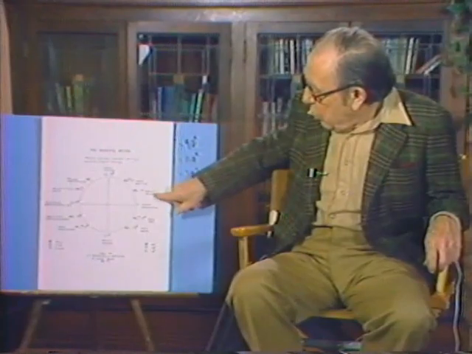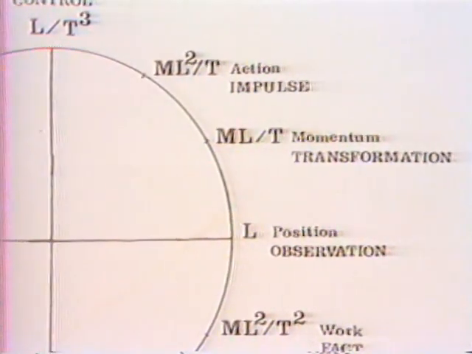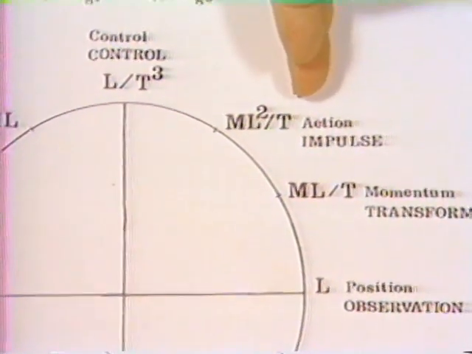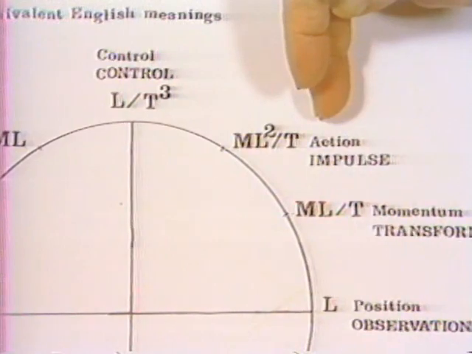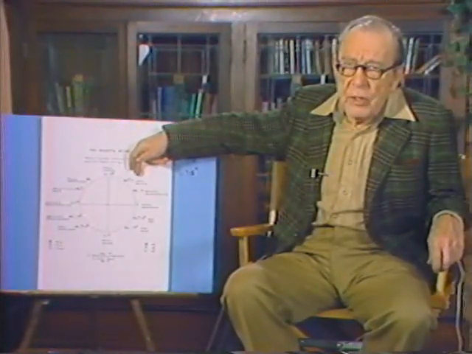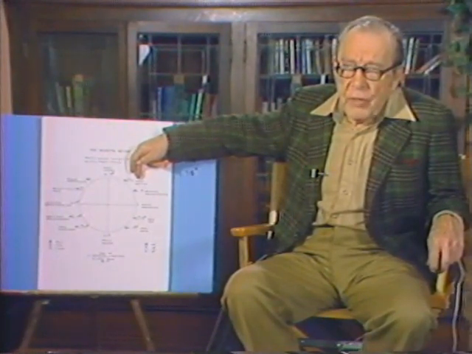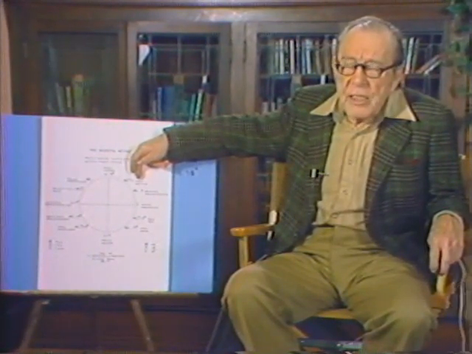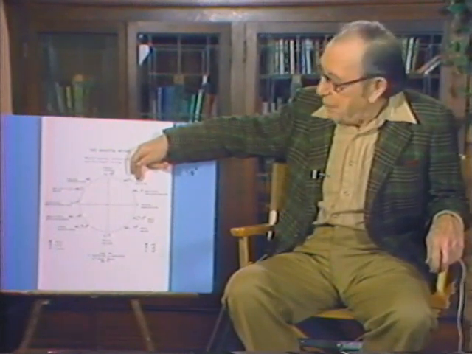Here's Scorpio, momentum, transformation. And here, this very important one, action, impulse, that's Sagittarius. That's the power of ignorance. That's why Sagittarius is related to gambling, but also to higher philosophy, because you're guessing. You're jumping into areas where you're ignorant.